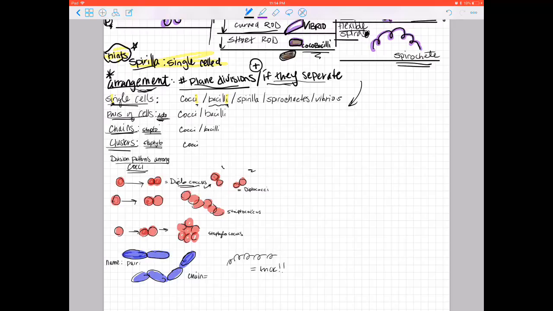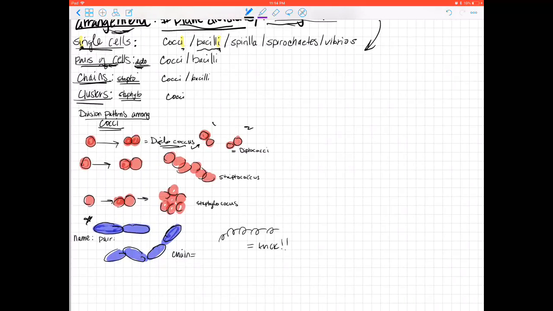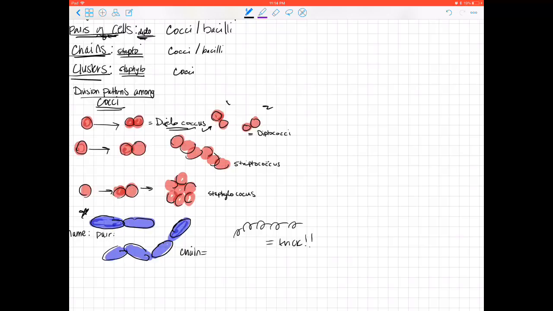So diplococci, I have many of them, or multiples of them. But it's diplococci because it comes in pairs of cells. And then you can see this also exists down here when you see diplobacilli. So yes, you can have a diplobacillus, right? You have a pair of bacilli, a pair of rods connected.